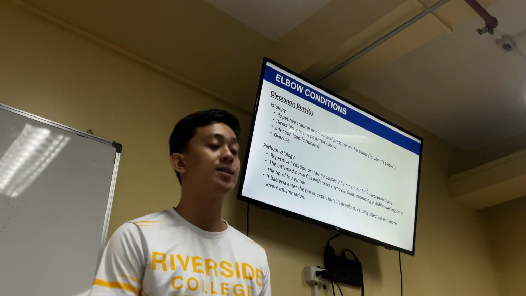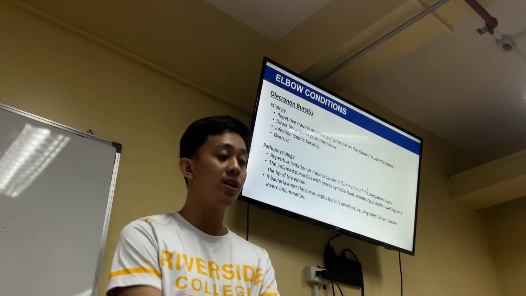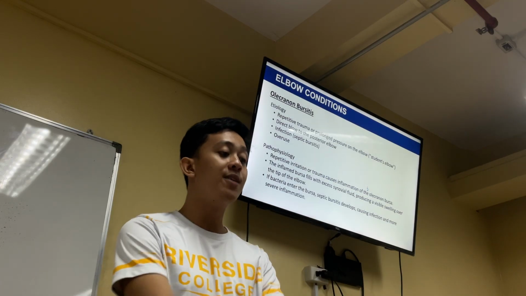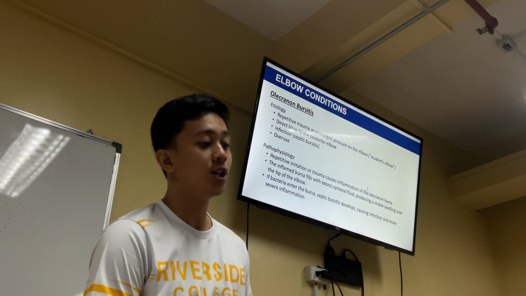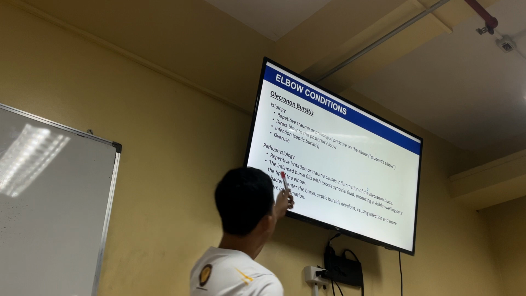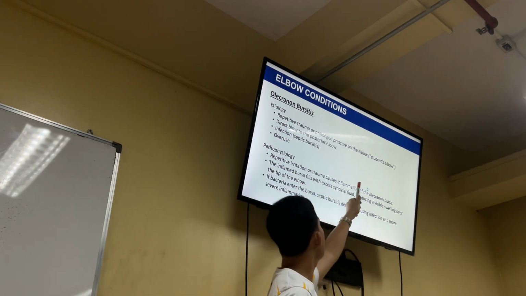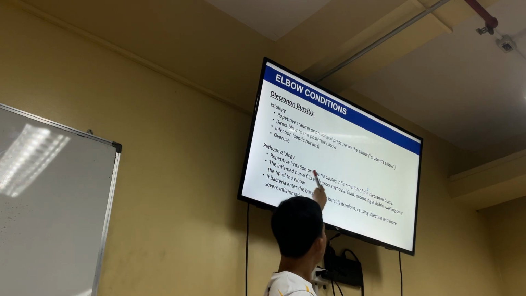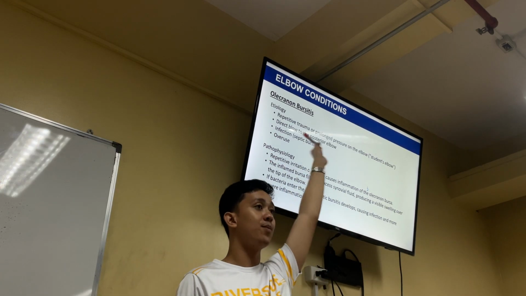Infection correlates with septic bursitis. So there will be fever or inflammation because of your infection and overuse activity. With the pathophysiology, repetitive irritation or trauma to the bursa causes it to inflame. The inflamed bursa fills with excessive synovial fluid, producing a swelling over the tip of the elbow.